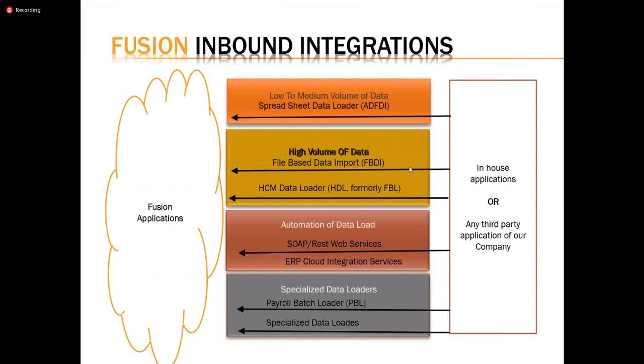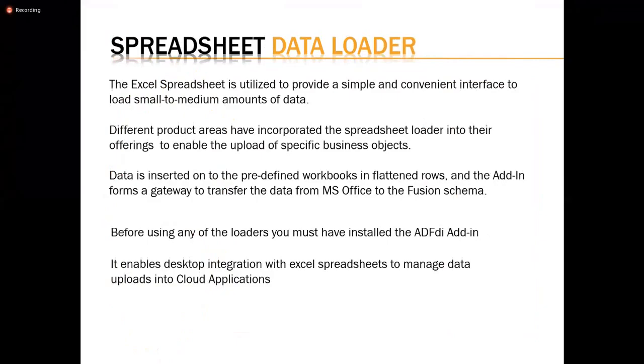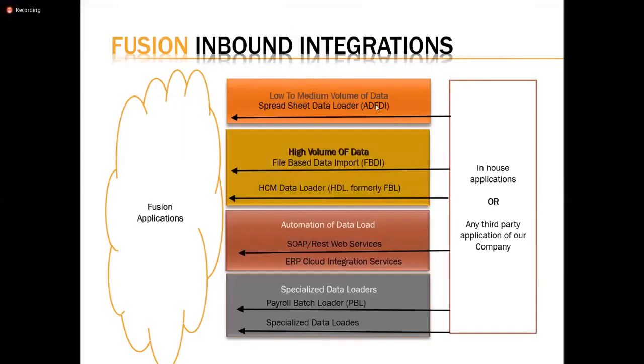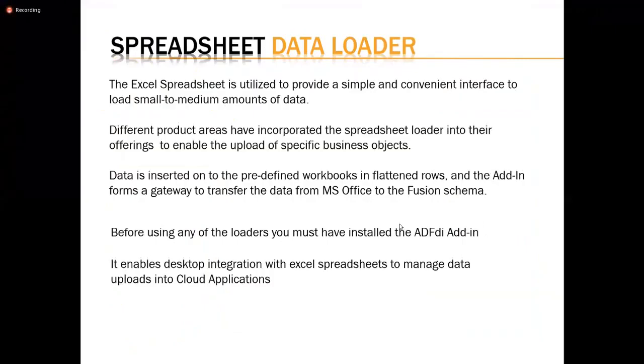That plugin has inbuilt web services to call from our Excel sheets to load data into the Fusion database schema. That's why we have to install this plugin in our Microsoft Excel, so that it takes care of the transactions between the Excel sheet and the Fusion database schema.